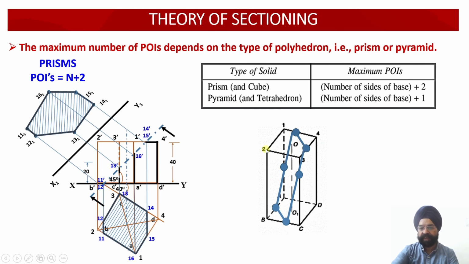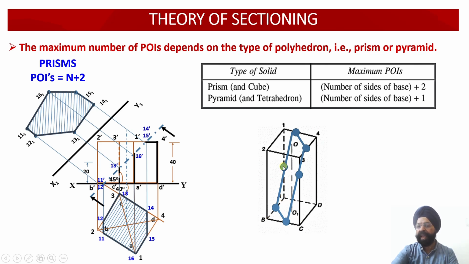Similarly, this vertical edge has not been cut over here. So instead of cutting this one vertical edge, now my cutting plane is cutting two edges of the base basically. So two POIs will be obtained corresponding to AB and BC.